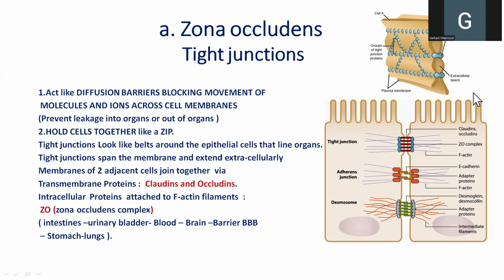And in this picture or diagram, we want to show you that the tight junctions look like a belt around the cell. So these blue proteins connect the cell membrane of cell A and the cell membrane of cell B together, meaning that they connect the cell membranes of adjacent cells together.